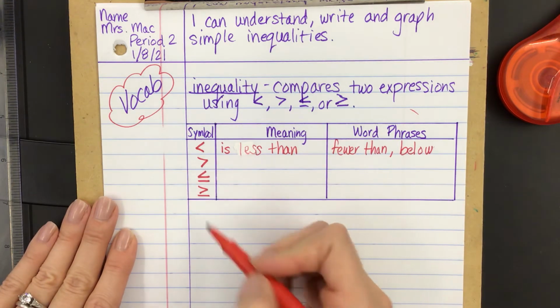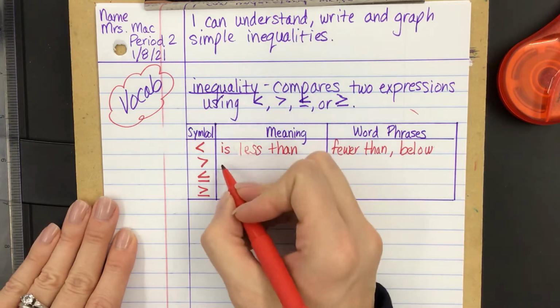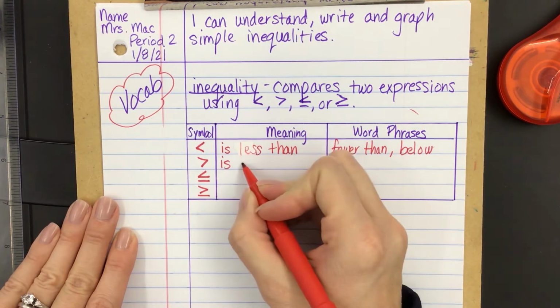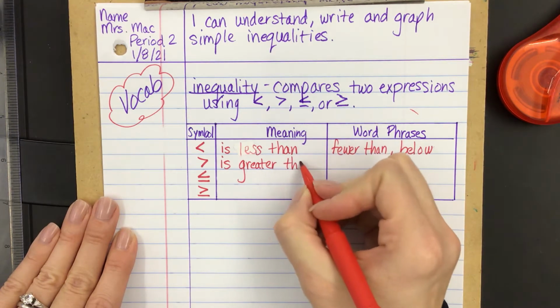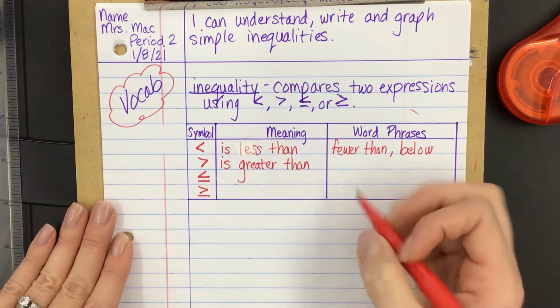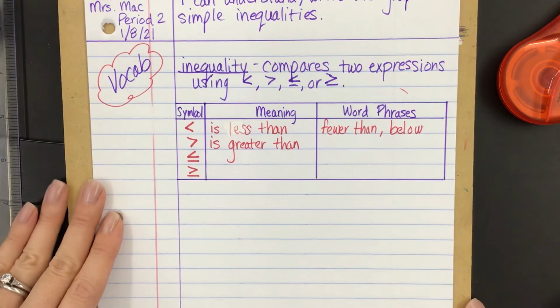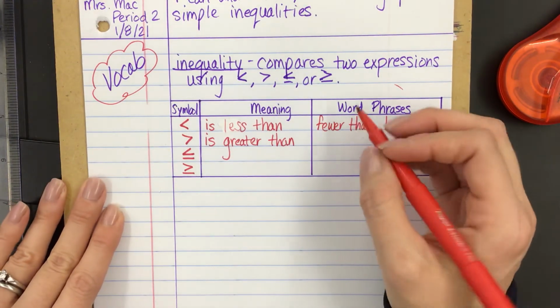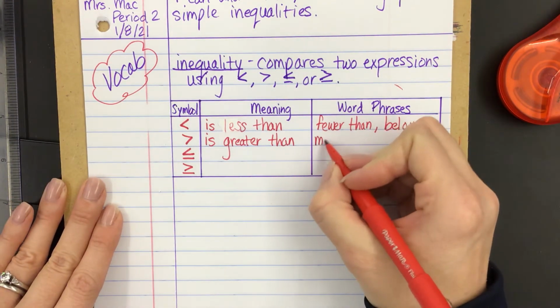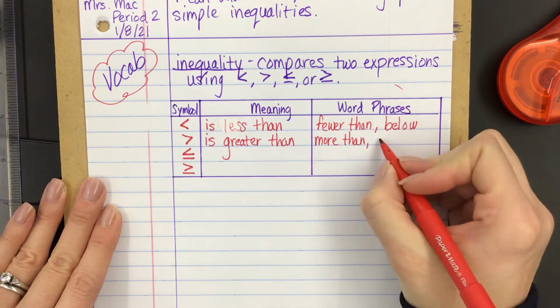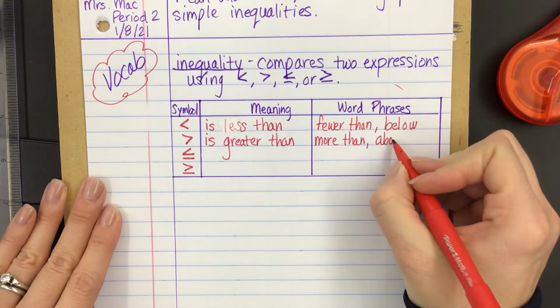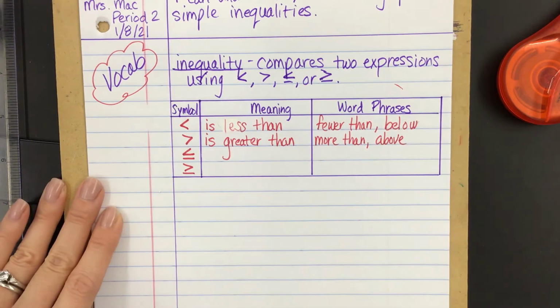This next symbol we would read as is greater than. And some common phrases you might see in word problems are more than or above. Okay.